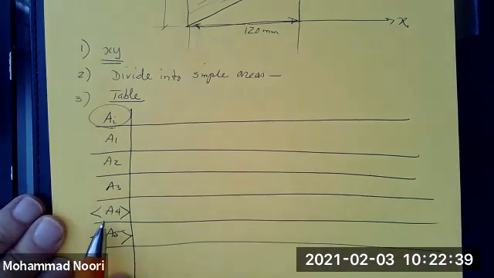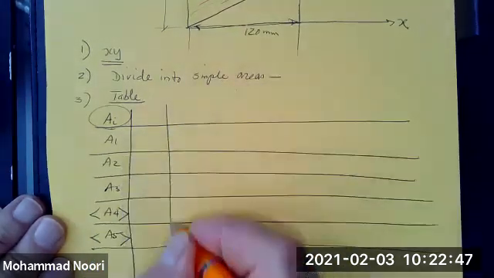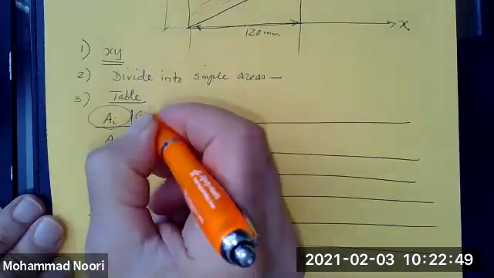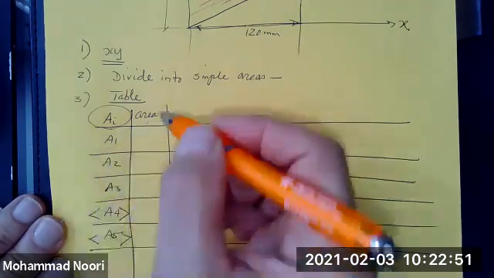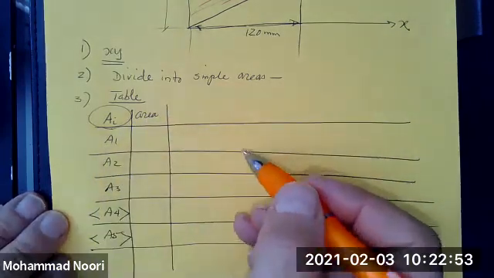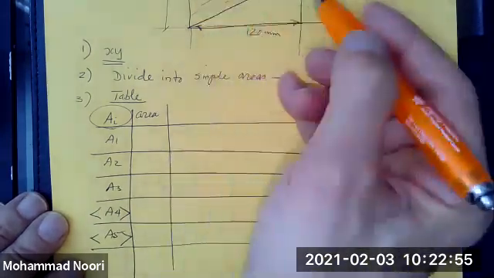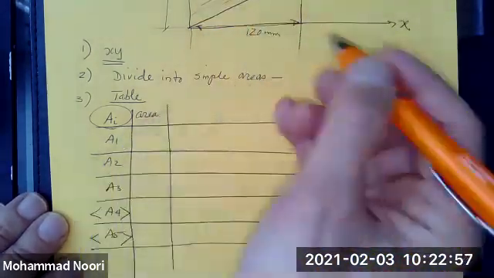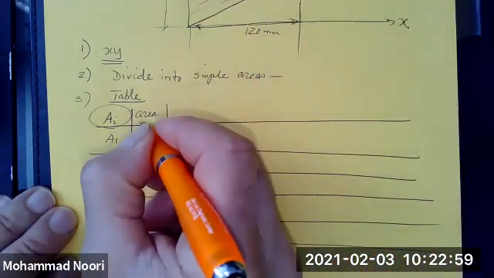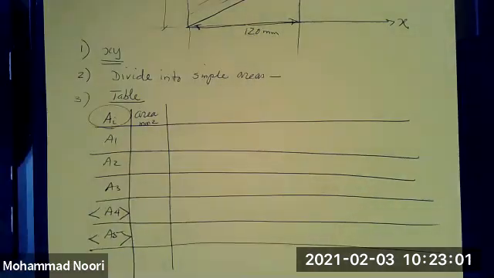So, all those values corresponding to these areas should be considered as negative values. Now, the second column of this table, you just simply tabulate the value of each of these sub-areas in whatever dimensions given. Here it is millimeter squared.